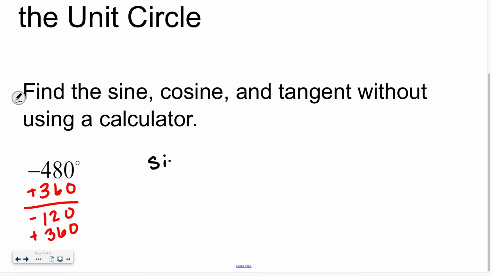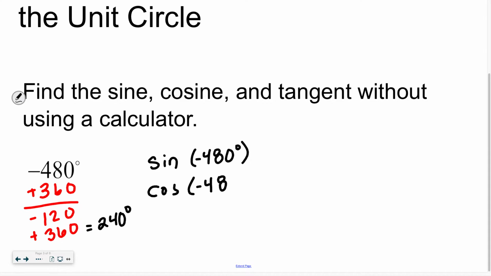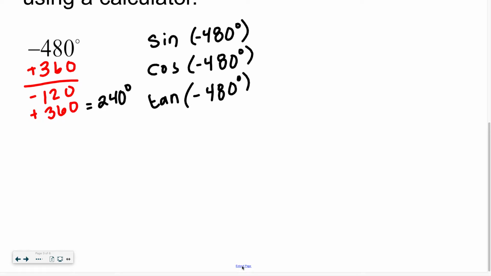So for the sine of negative 480 degrees, we're really going to look at that 240 degree angle. Okay. So maybe before you look at your unit circle, think about if you know the 240 angle and its coordinates.